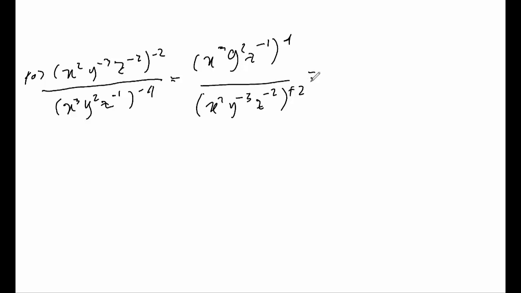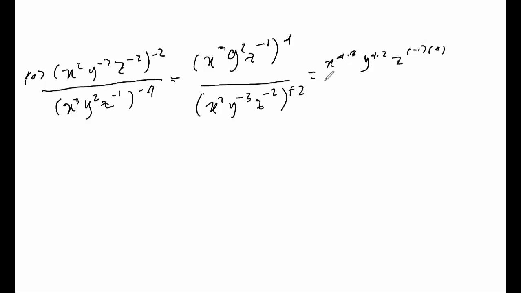So now I'm going to use my power rules. So I'm going to get x to the 4th times 3, and then y to the 4th times 2, and then z to the negative 1 times 4.